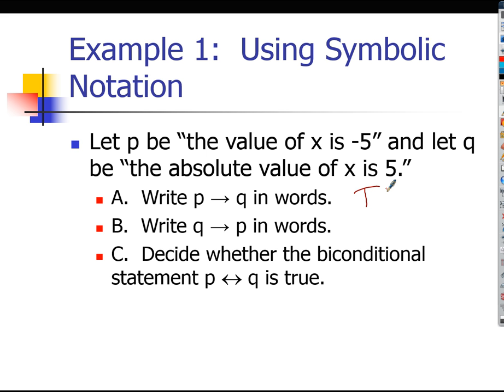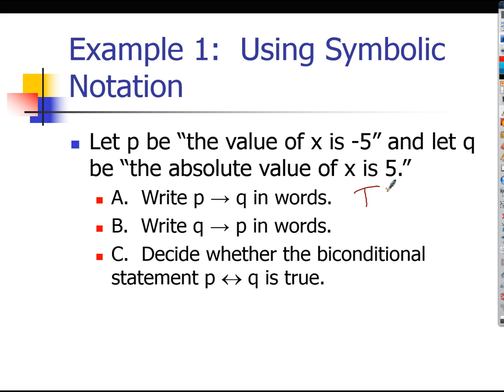Okay, what about the converse? Converse is if the absolute value of x is 5, then the value of x is -5. Now you're shaking your head false. Okay, so give me a counterexample that proves it false. Yeah, that proves this statement false. Okay, well now let's think about what that's going to mean.